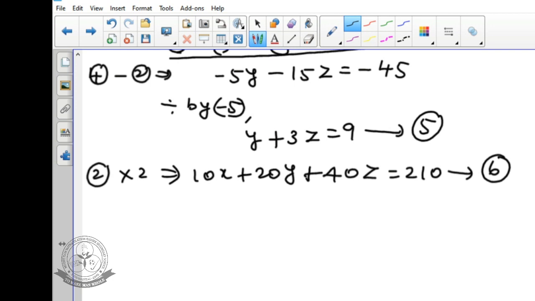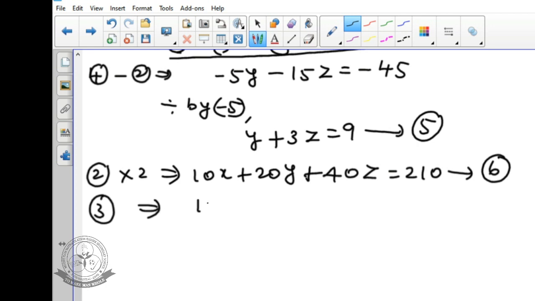Next we have to eliminate x using equation 3. Next I have to take equation number 3. What is our equation number 3?